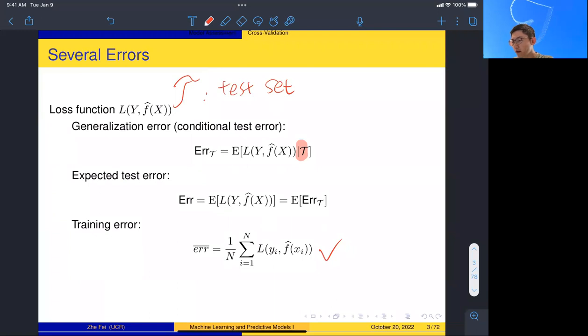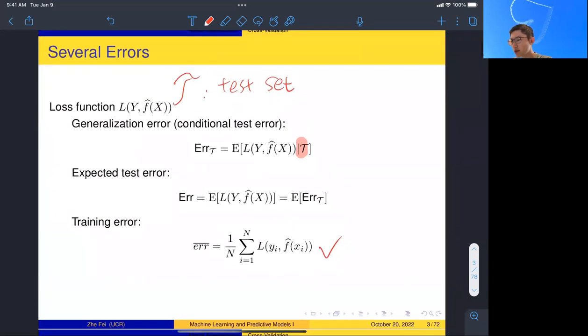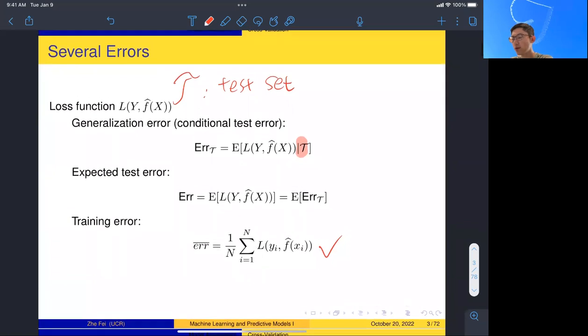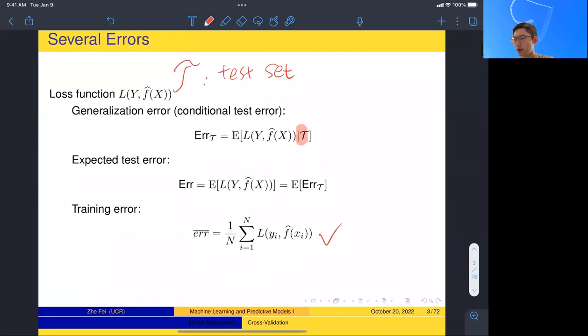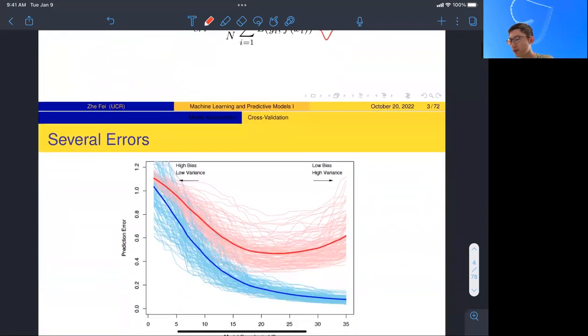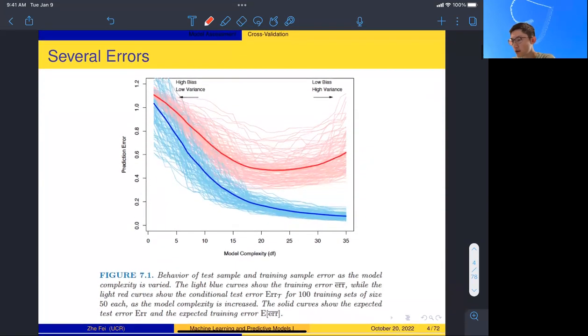These are concepts we at least want to know, but the exact mathematical formulas you do not need to derive by yourself. So here's the illustration of training error versus testing error.